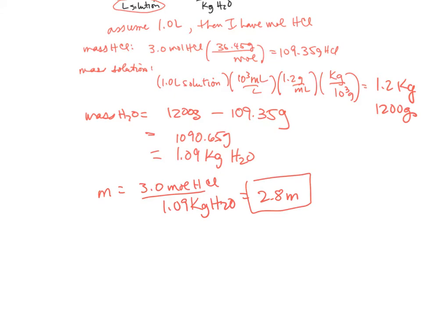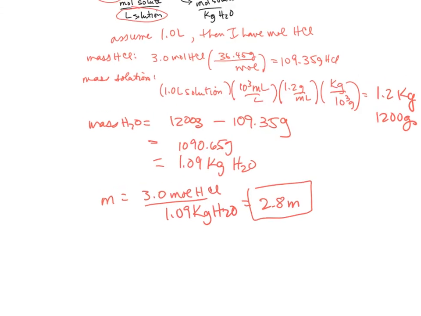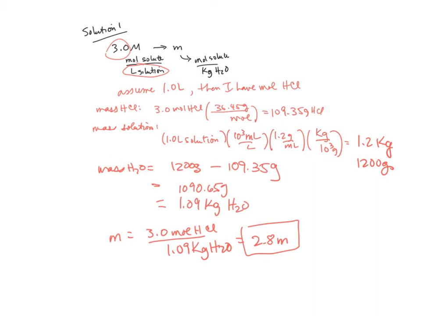So we started with 3 molar solution and we ended up with a 2.8 molal solution. Those numbers are pretty similar, and that's because the solution is dilute and there's not a lot of difference between a kilogram of water and a liter of solution, since the density is practically 1.